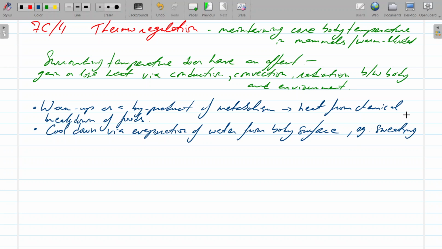The way sweating helps cool us down is that sweat obviously contains water, and water has a high latent heat of vaporization, and so it takes heat from the body to evaporate, thereby cooling us. That's the science behind it.